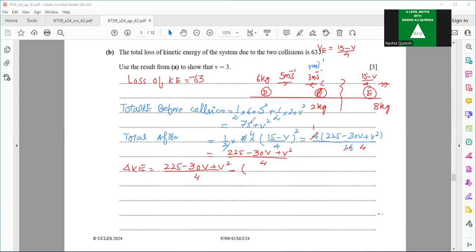Maybe something is wrong over here. Half m v square, then half times 6 square, that becomes 6 is the mass and multiplied by 5, 75 minus 90. The 90 is because the velocity is moving in the opposite direction. So 75 plus V square.